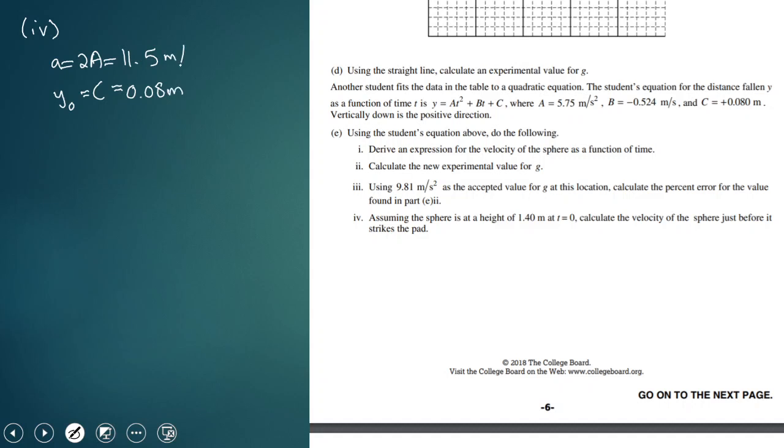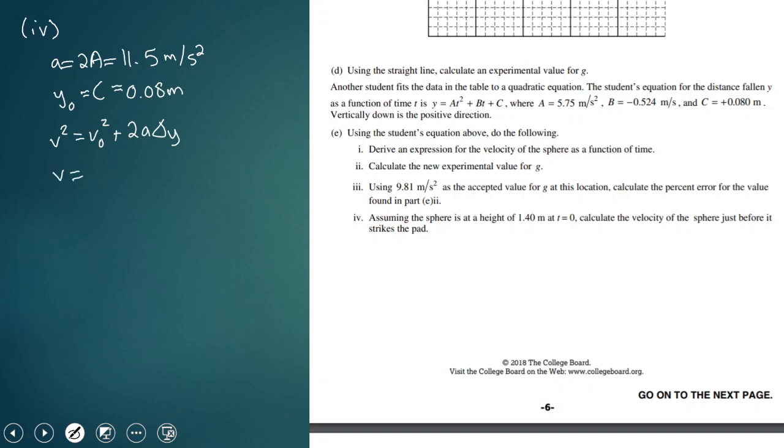And so what we can do is utilize a kinematics equation: v squared is equal to v naught squared plus 2a delta y. This is another equation that's given on the formula sheet. And so we can just solve.